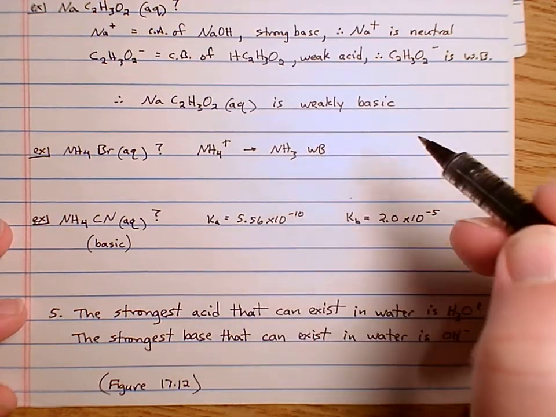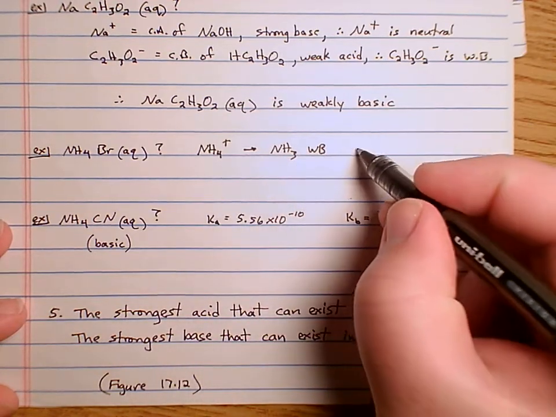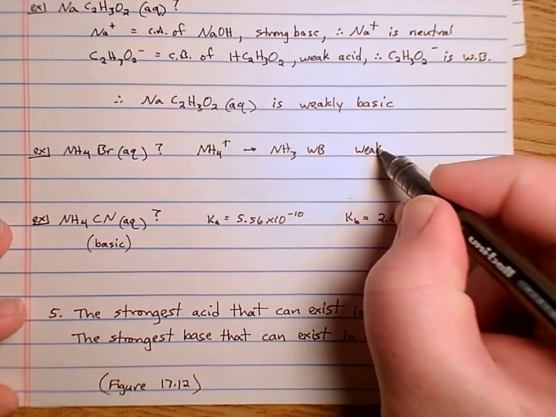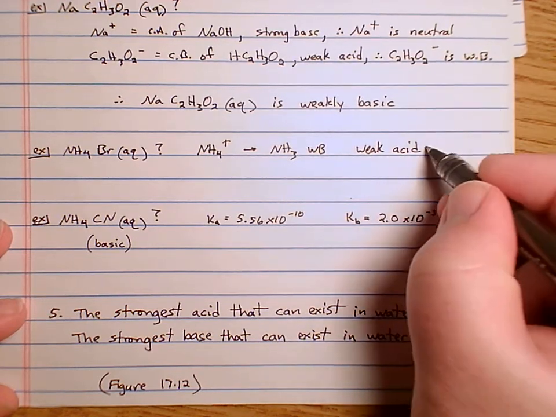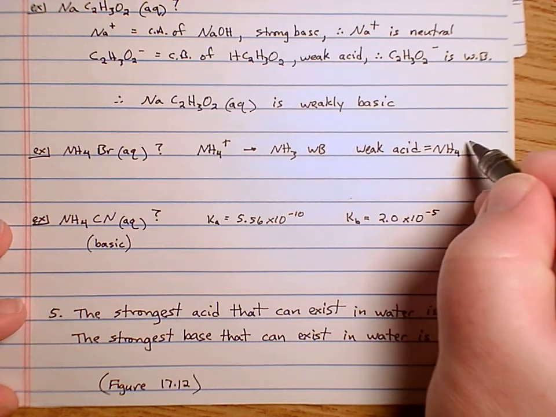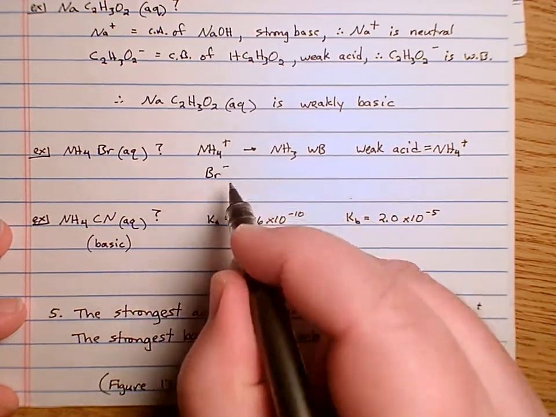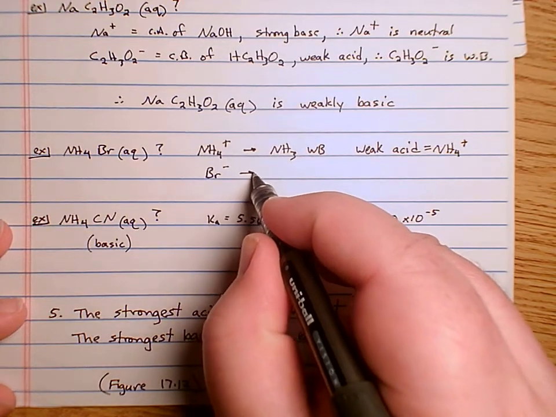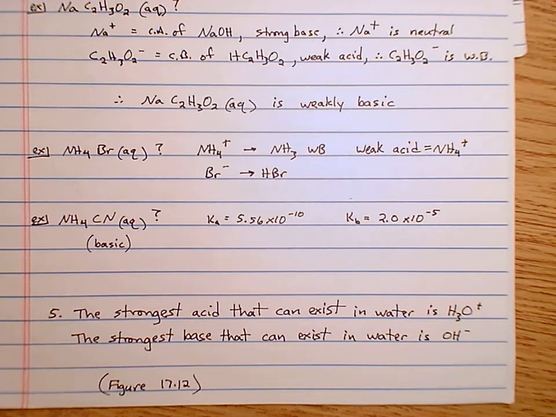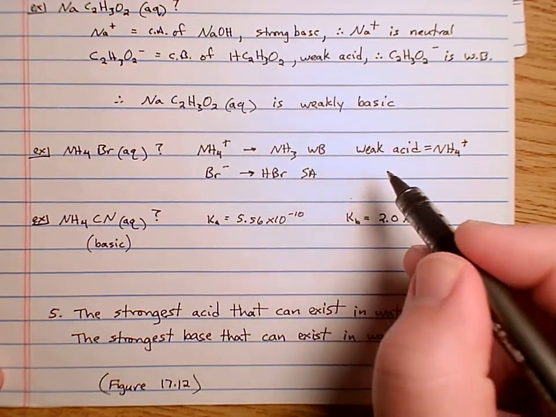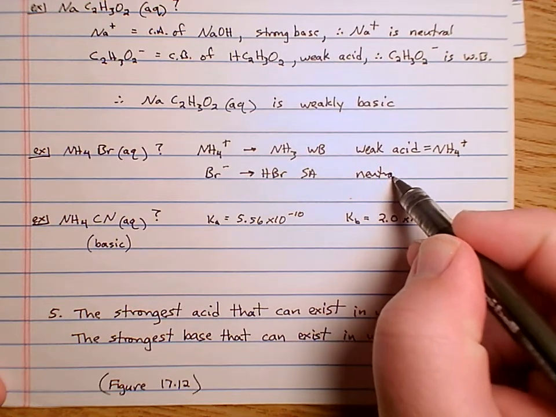NH3 is a weak base. So NH4 plus is the conjugate acid of a weak base. NH4 plus is a weak acid. Okay, bromide, our anion is bromide. Well, we know bromide is the conjugate base of HBr. Just throw a proton on it. We know that's a strong acid, therefore we know bromide is neutral.